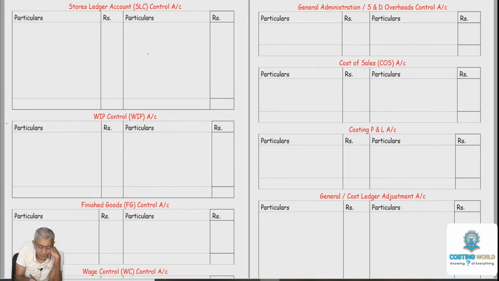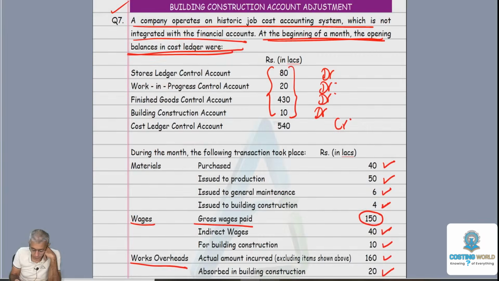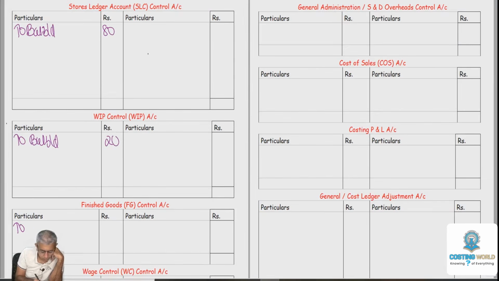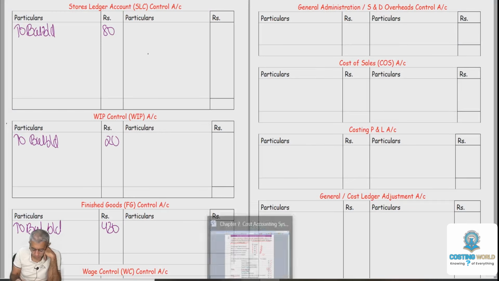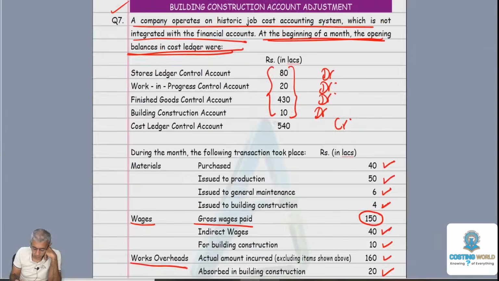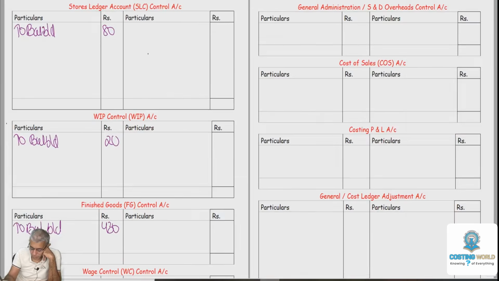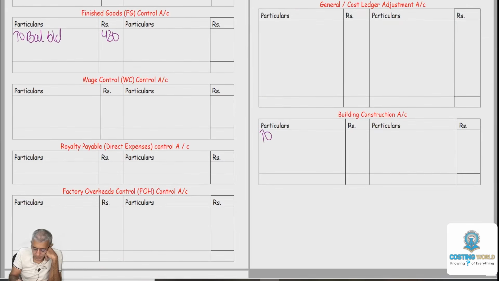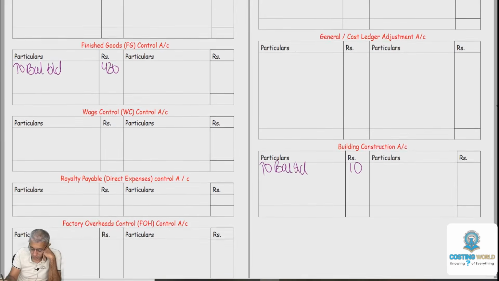SLC account 80, to WIP 20, to balance brought down 430. Building construction account, to balance brought down 10. And then in this particular case, your GLA.